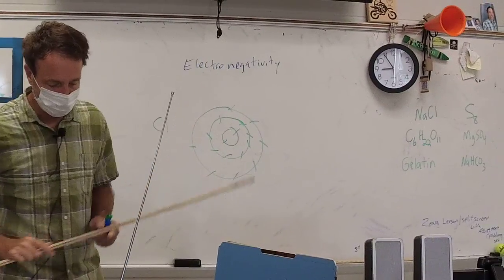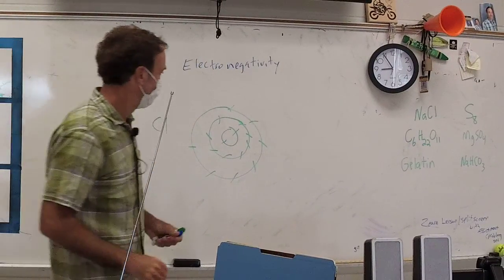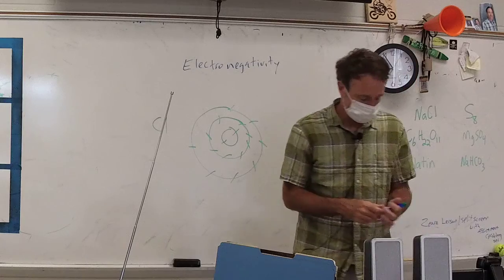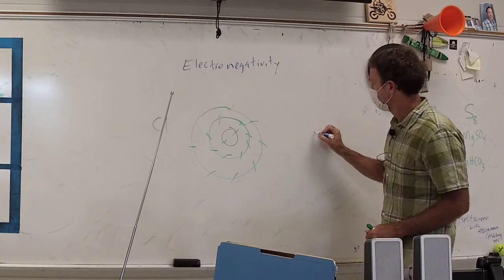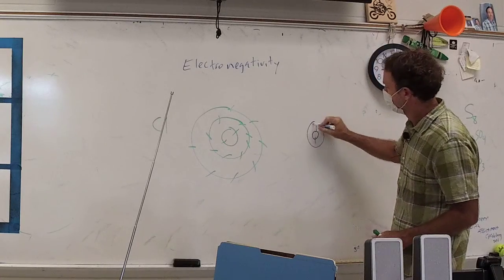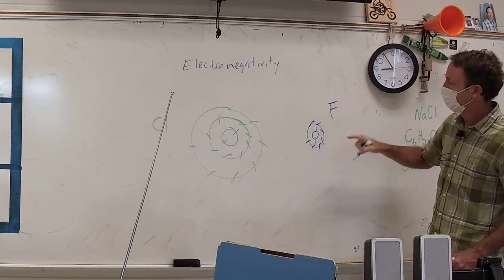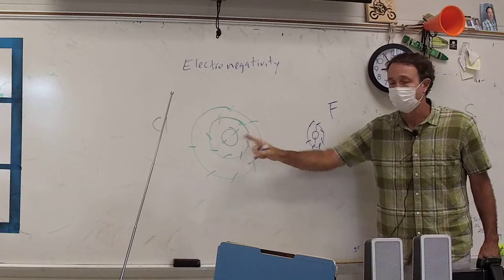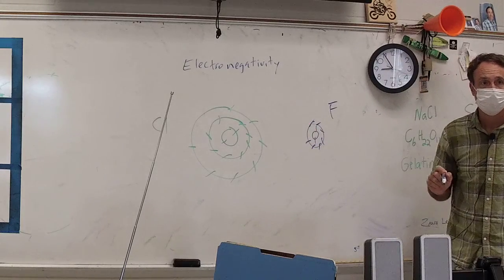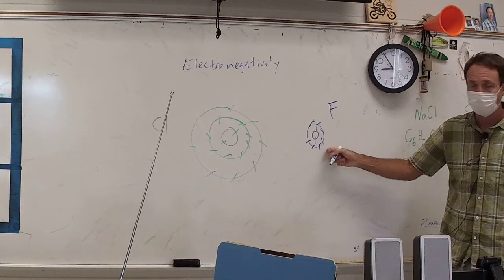And let me ask you, because I'm almost done, why is this fluorine, why is this one stronger than this one? What do you think, Sullivan? Why is this one stronger than this one?